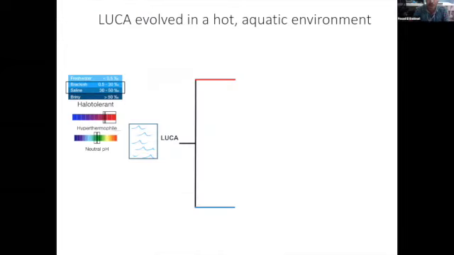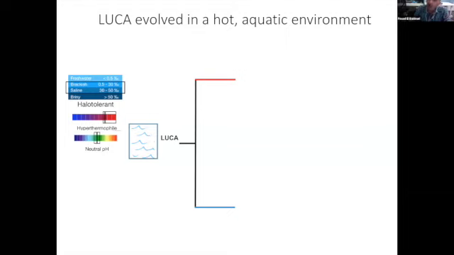So our reconstruction suggested that LUCA indeed lived in aquatic environments, probably in hot environments. We suggest it's a hyperthermophile, although there is still some debate over this. It was halotolerant, with a salinity less than the current salinity level. It had a neutral pH.